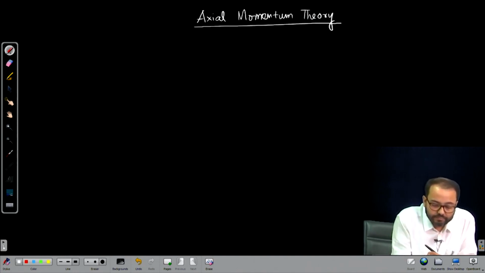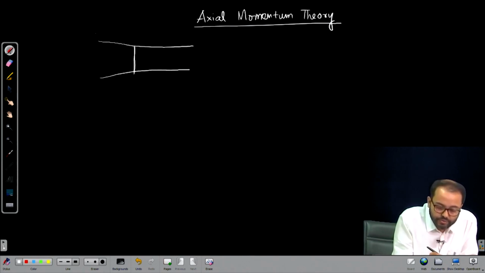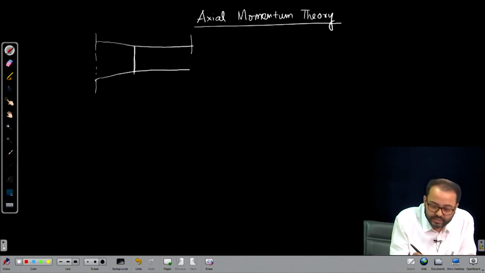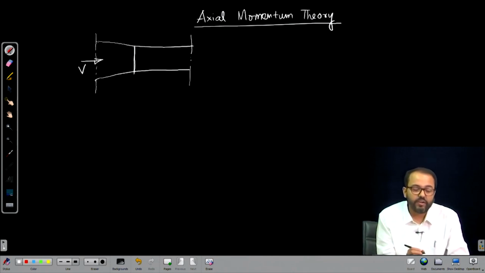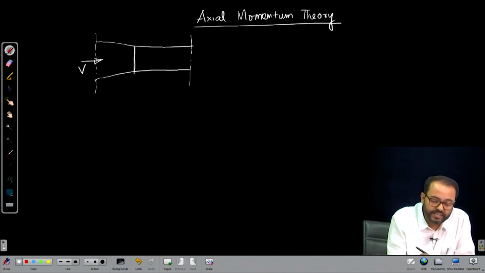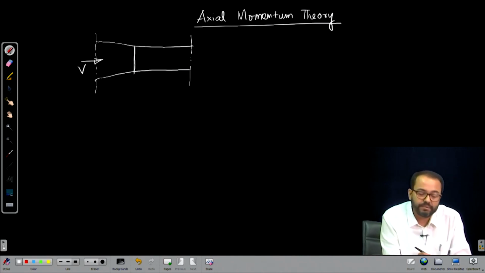I am just showing the domain here. We had the inlet velocity, because instead of the propeller moving ahead with a velocity V, we had defined the actuator disc facing a velocity V at the inlet, and the disc is fixed at a particular position.